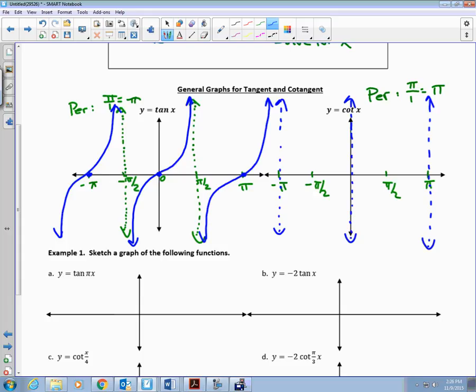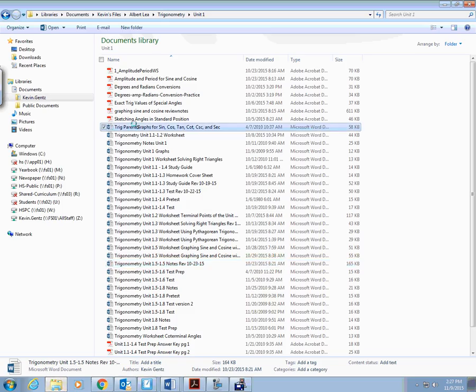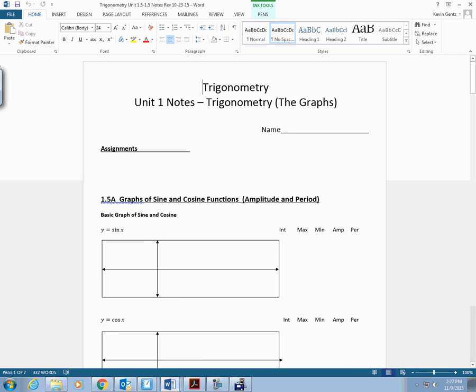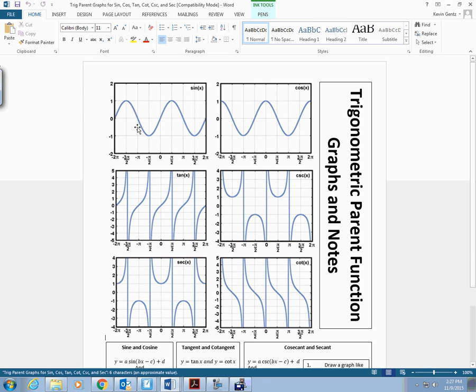Now, it's equal to 0 halfway in between. So that's where I put my dots. And cotangent, instead of starting down and finishing up, it starts up and finishes down. And I know that it looks a little bit complicated, but I want you to know that this is what you get on your test as well.